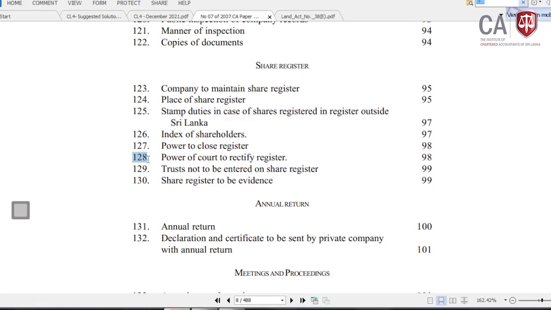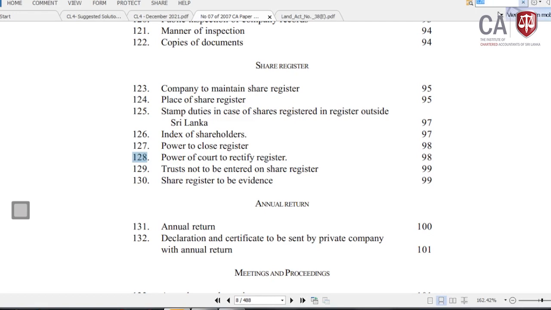Section 128 refers to the power to rectify a share register. For this also you have to make an application to court. The court has the power to rectify a register on an application made by a shareholder of the company.